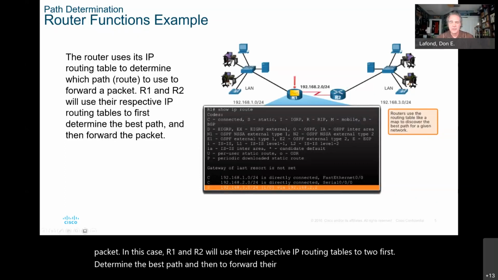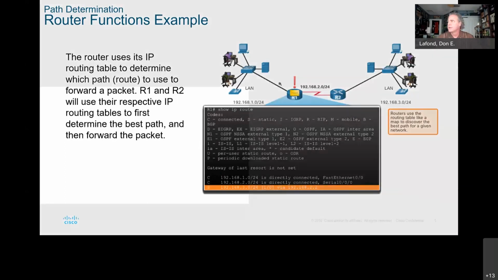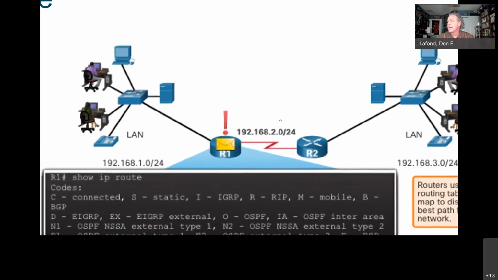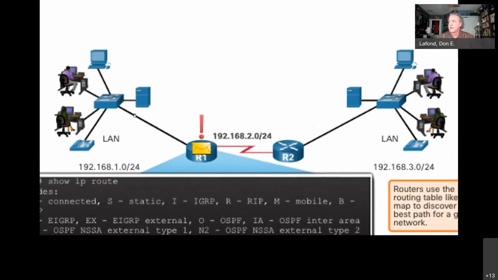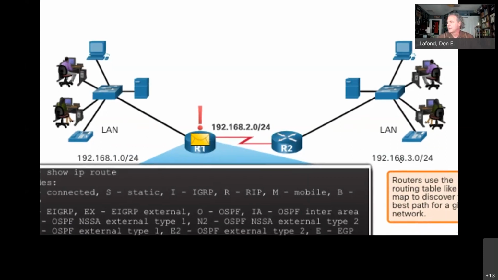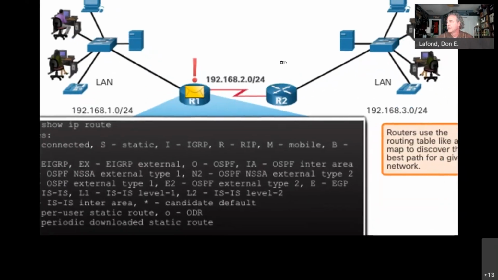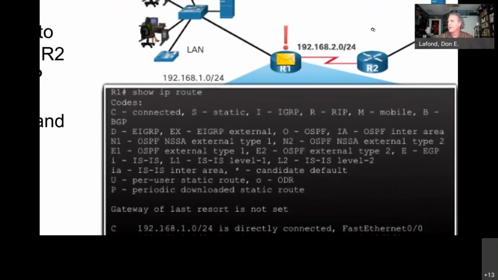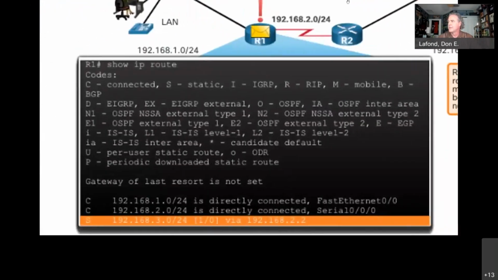Let me zoom in on this picture. We have people on this network and people on this network, and we are sending a message from the 192.168.1.0 network to the 192.168.3.0 network. And the routers use the routing table to make that determination.